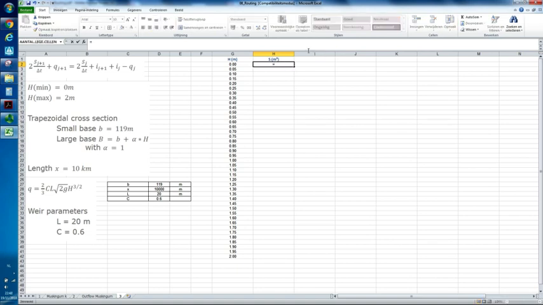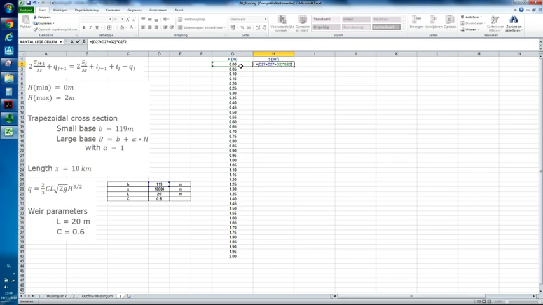So in this case, if we take into account the trapezoidal section, we know that it is the small base plus the large base, which will be the small base plus our H value, and this multiplied with the H value again divided by 2.